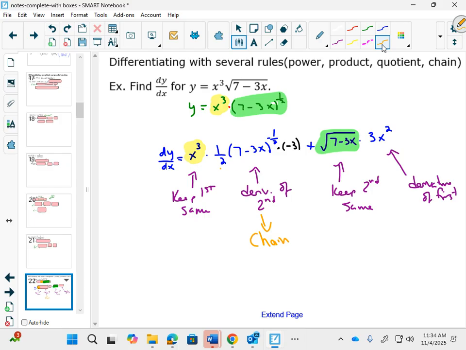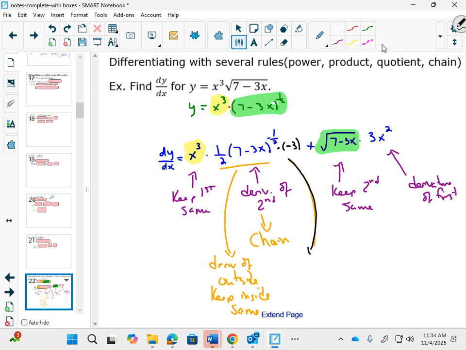This part of the chain rule is the derivative of the outside, where I keep the inside the same. I'll put a black arrow there. And that part is the derivative of the inside.